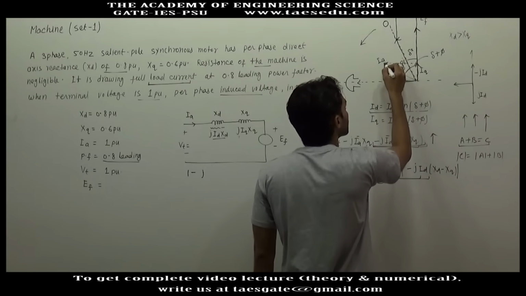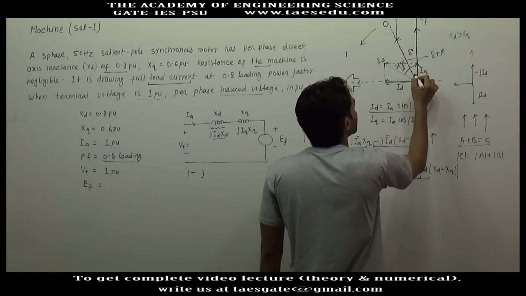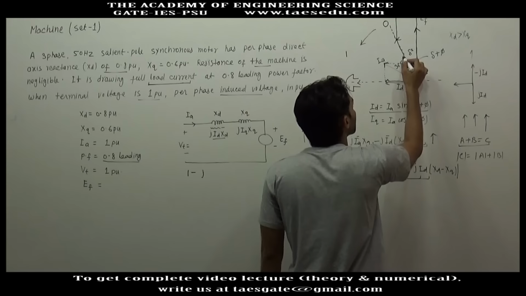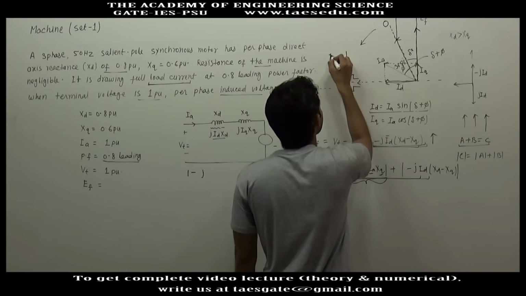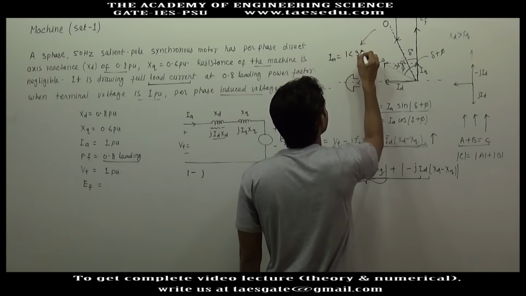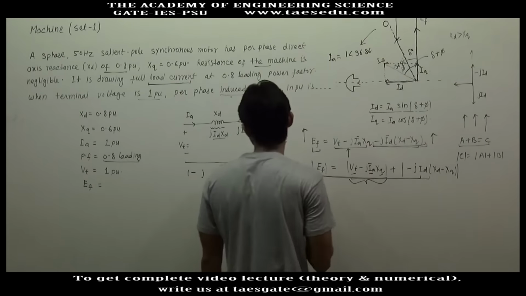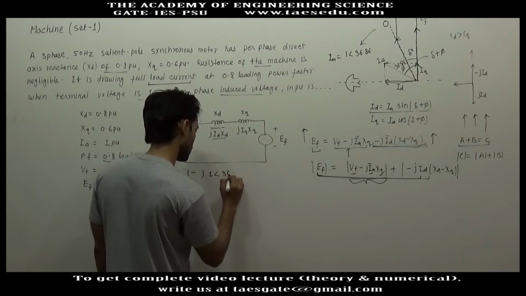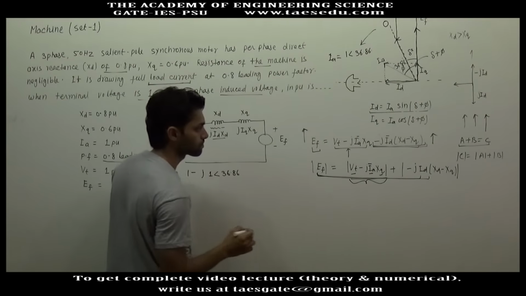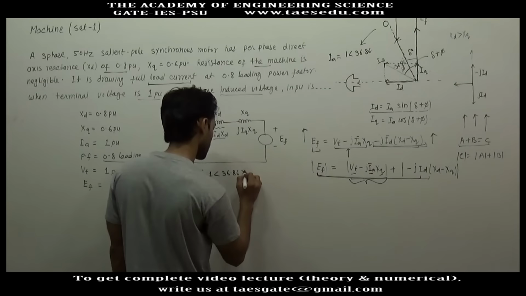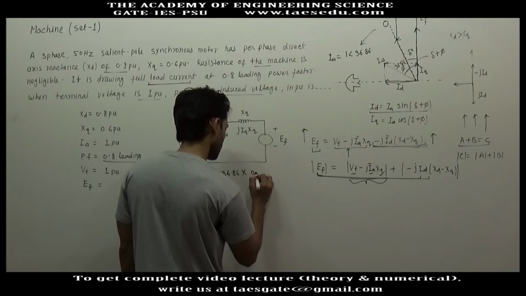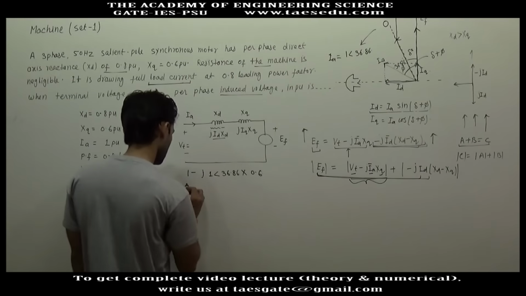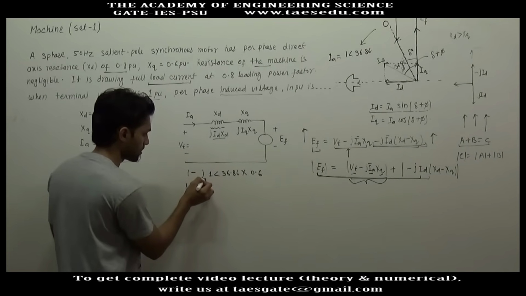The magnitude of Ia is 1, and if Vt is reference, Ia is in anti-clockwise direction, so Ia will be 1 angle 36.86. This is 1 angle 36.86 into Xq. Xq is 0.6. This will be 1 minus, what is angle of j?